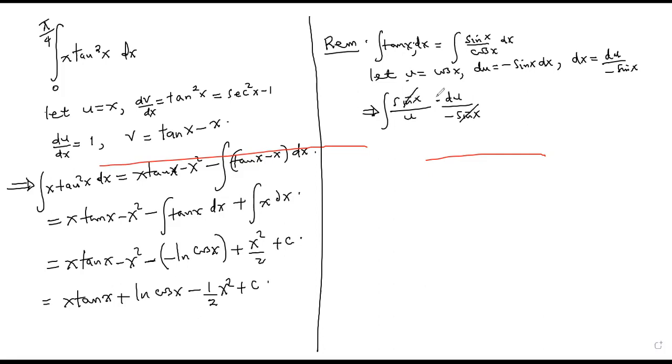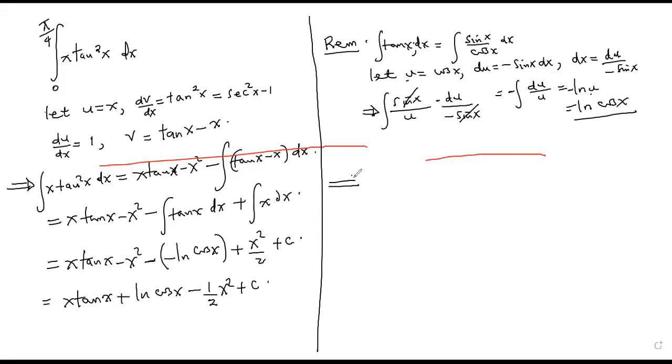Sine x will cancel, so we shall remain with the integral of negative, I can put the negative outside, du out of u, or 1 over u du. 1 over u, when integrated, gives ln u, but with the negative outside. So this is negative ln u, but u is cos x. That's how we get negative ln cos x.